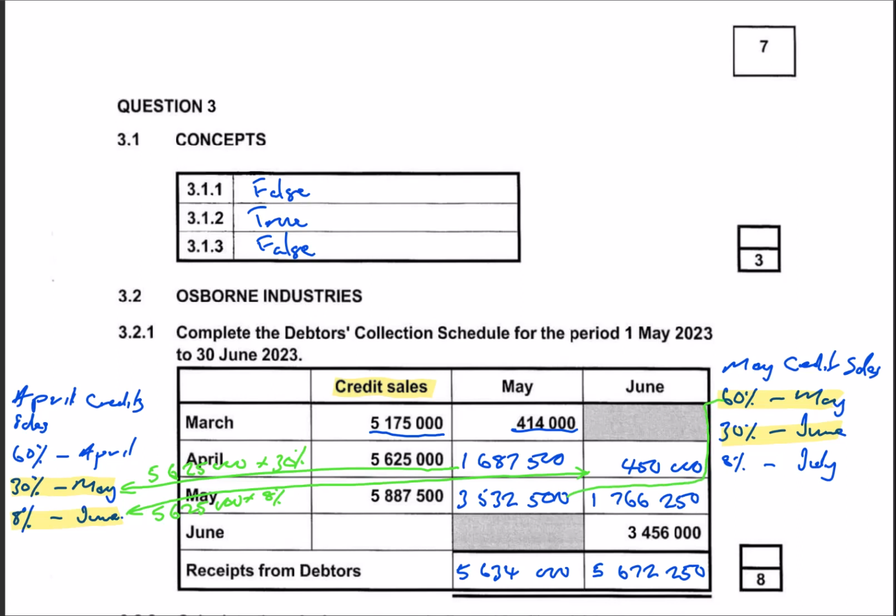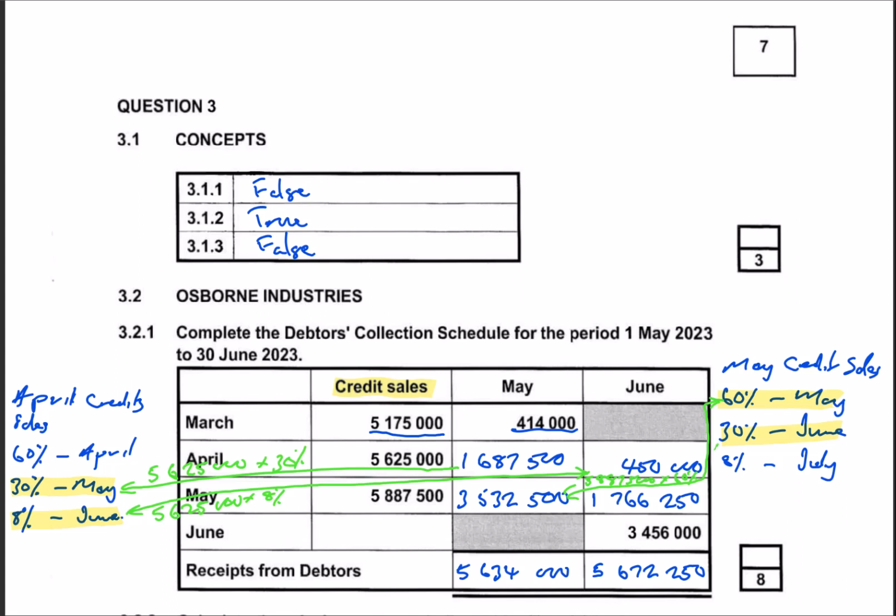Then for this one here, we said 5,887,500 times 60%.